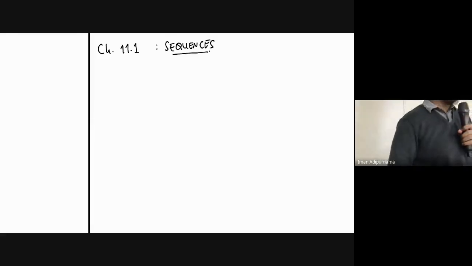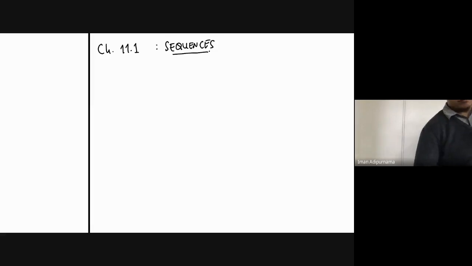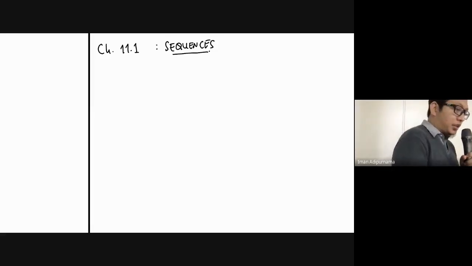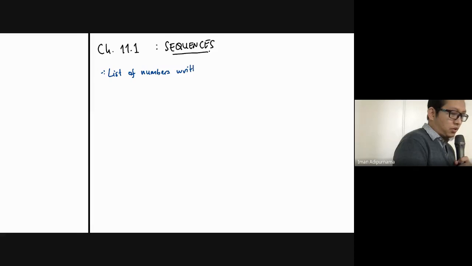Now, chapter 11, or 11.1, we deal with sequences. And I believe most of you are familiar with sequences. So a sequence, or infinite sequence, is a list of numbers written in order.